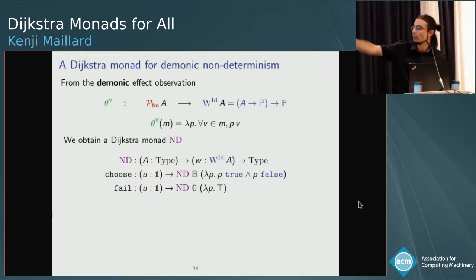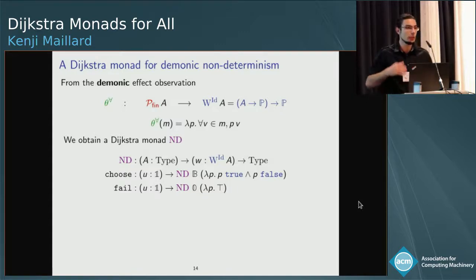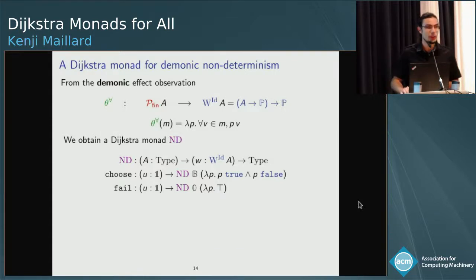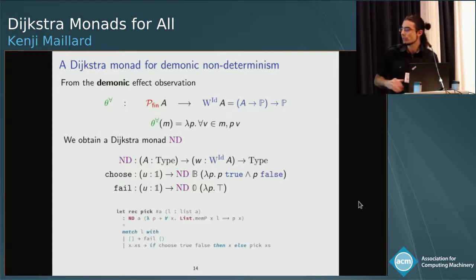So you can see that in the choose operation, the specification is saying that I will answer both true and false at the same time. And in order to use that in practice, you can, for example, generalize this choice operation to a pick operation that takes a list and non-deterministically takes an element out of this list.